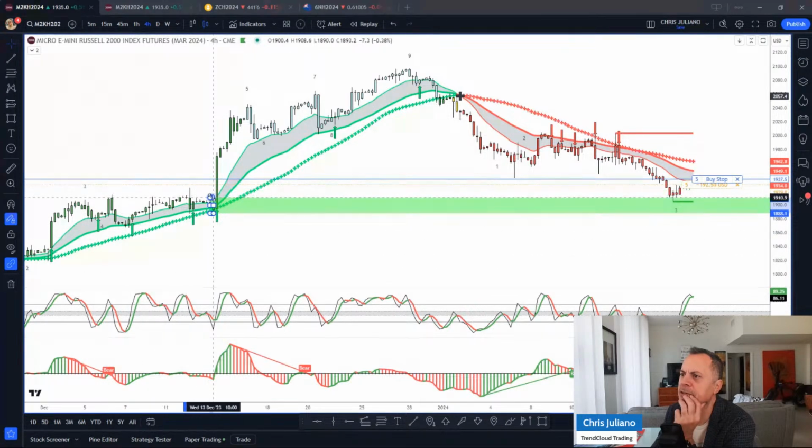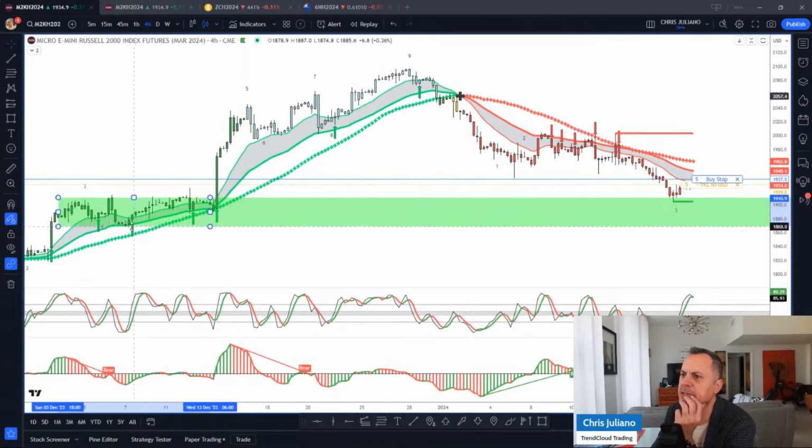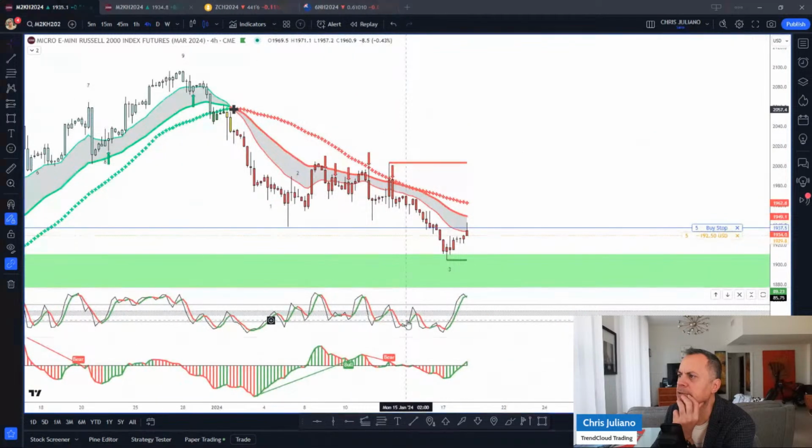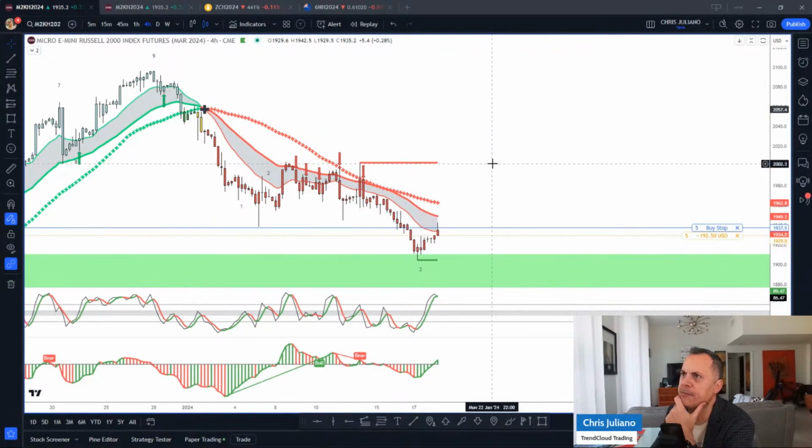I don't know. Look at all this consolidation here, basically. We're hitting this consolidation area here. But it is reacting off of the trend cloud. It is reacting off of the 4 hour trend cloud there.